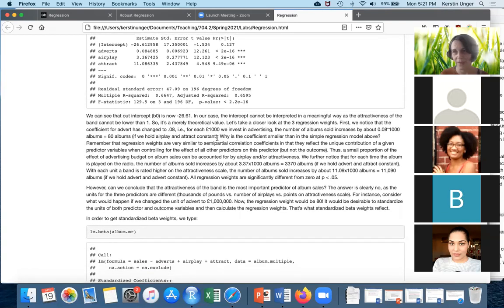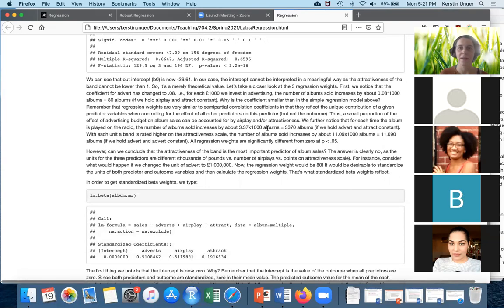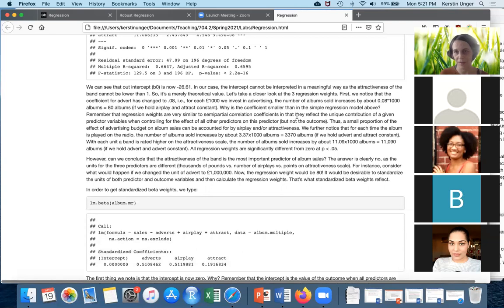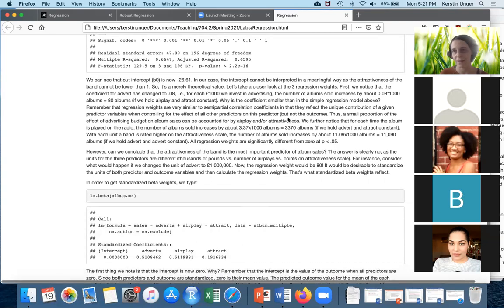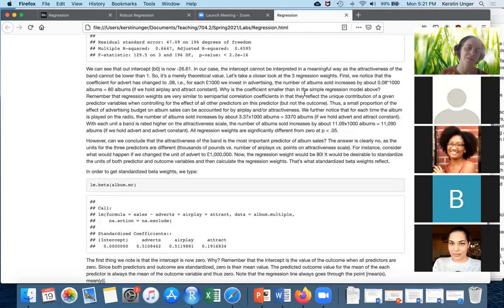So we have talked about it already. Our intercept in this case cannot be interpreted in a meaningful way, even less so than for our simple regression model, where it was not within the X range, the range of our predictor variable, but it was close to it.